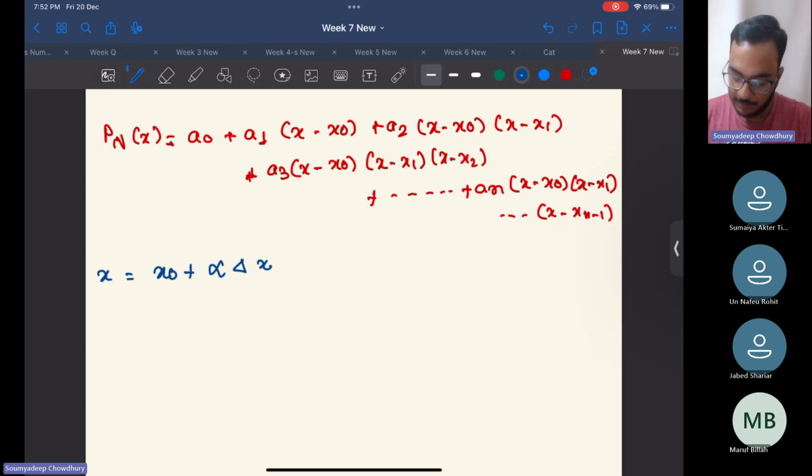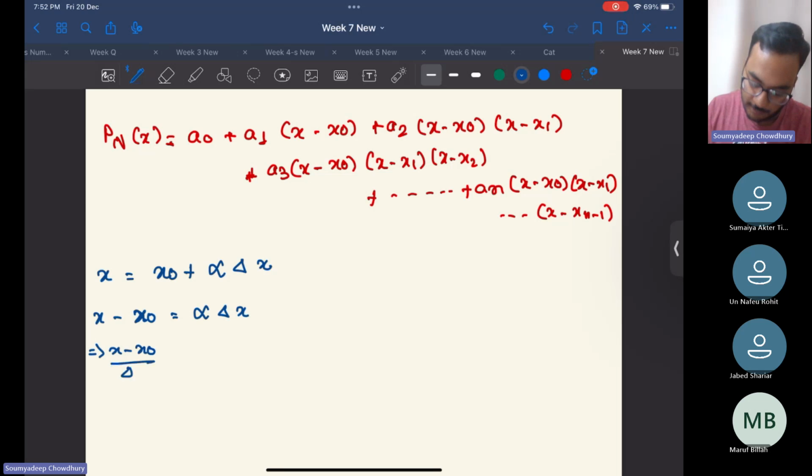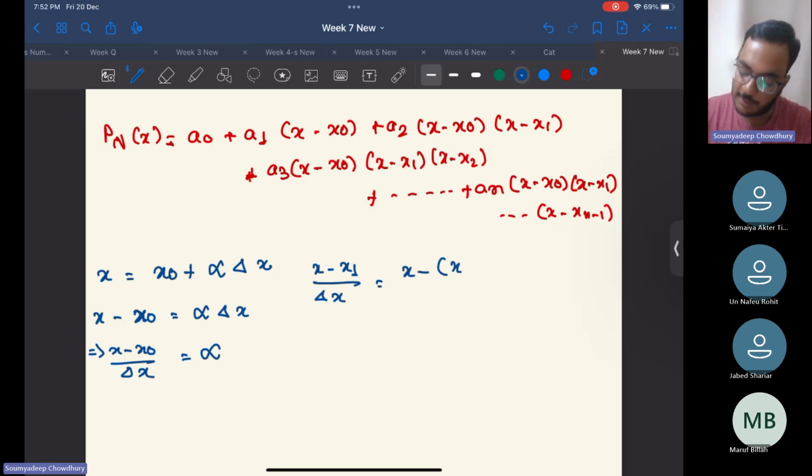So here it is. What will x minus x naught be? It will basically be alpha delta x. Then x minus x naught upon delta x will be alpha, right? Again, if we want to find x minus x1 upon delta x, x1 is x naught plus delta x, right?